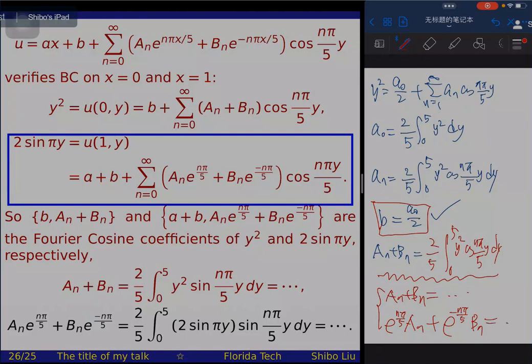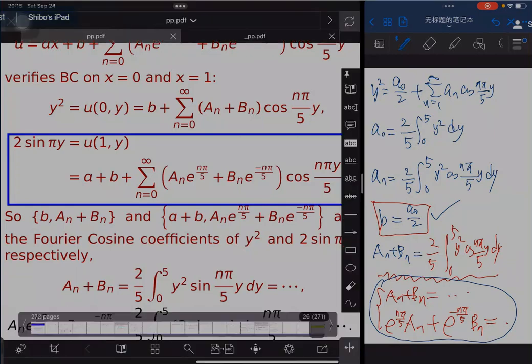This something can be computed by evaluating the integrals. Therefore, using linear algebra, you can solve this system of linear equations to get the values of capital An and capital Bn.